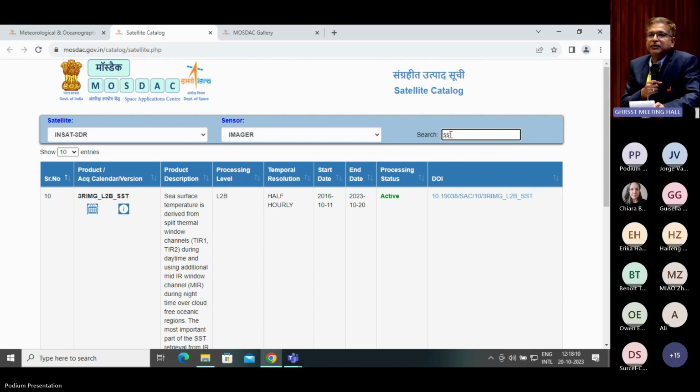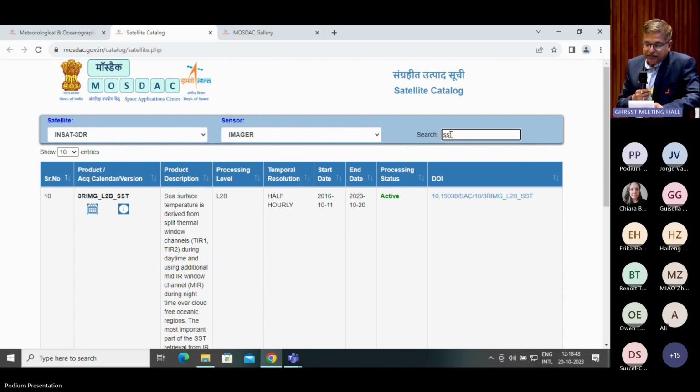Now the question is, if our products are already CF compliant, what extra is needed to make them GDS 2.1 compliant? That is one thing we will be looking at, and we will be interacting with the team so that our products become GDS 2.1 compliant, and we can then tag them as GHRSST products and start disseminating.